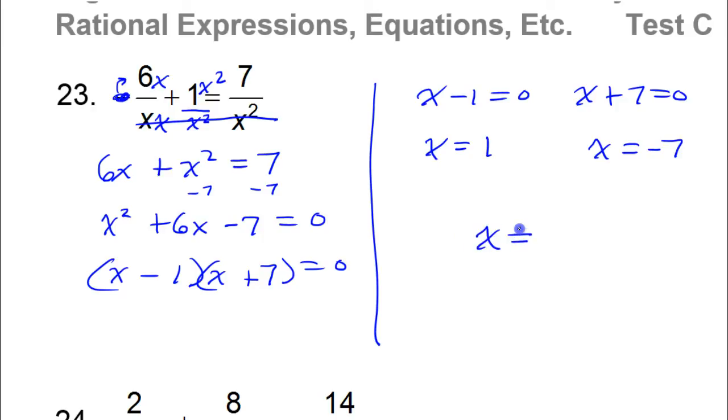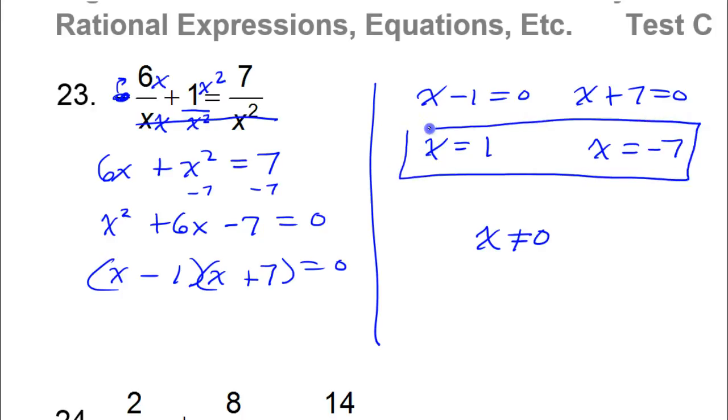X cannot equal 0 based on looking at the x or the x squared. Yeah, you can't divide by 0. Neither of these are 0, so these are both good solutions. So that's the answer to number 23, 1 and negative 7.